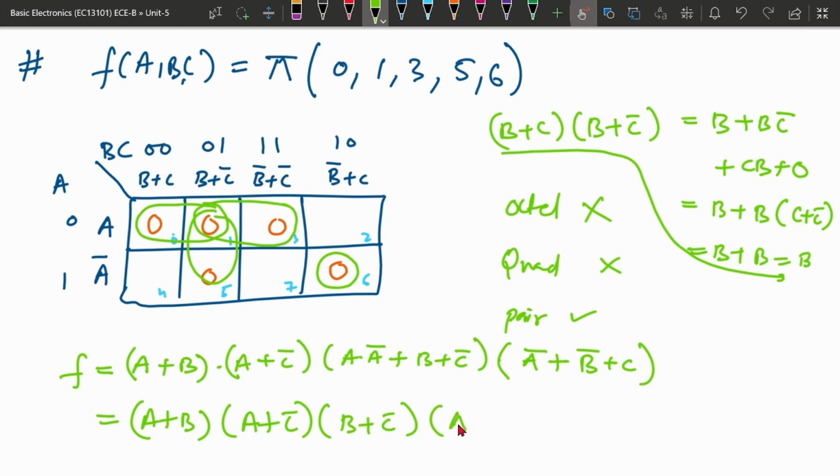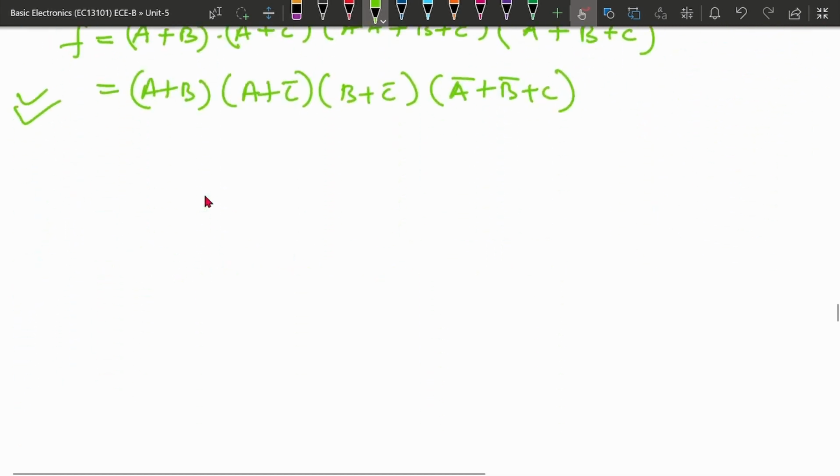Here it will be A bar plus B bar plus C. Three different terms will be there. So this is the simplified one in the 3 variable case. Similarly we can do the 4 variable case also. I hope you have got the point, how we are doing the simplification.